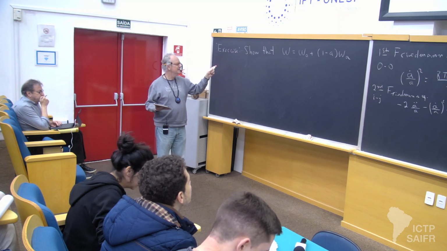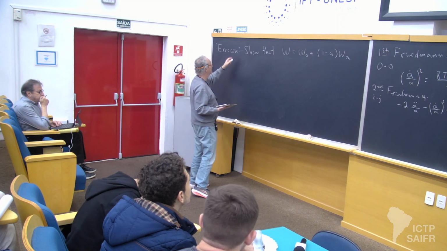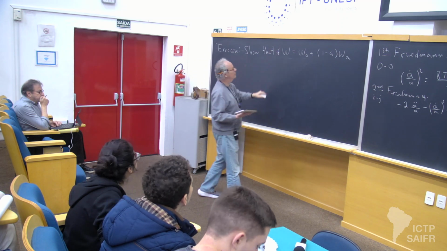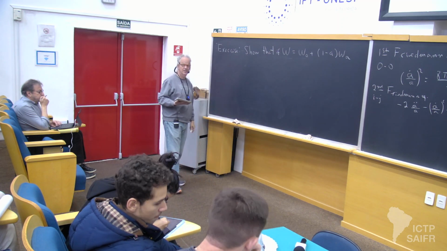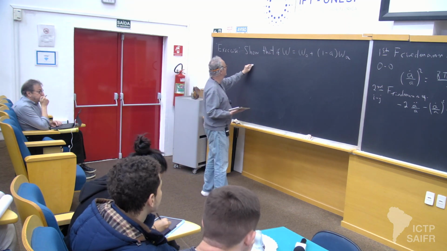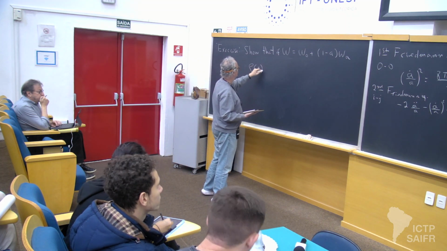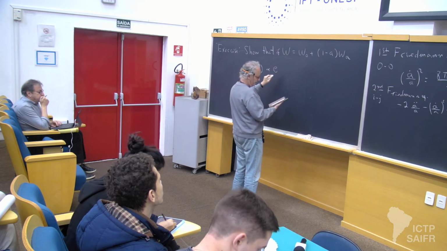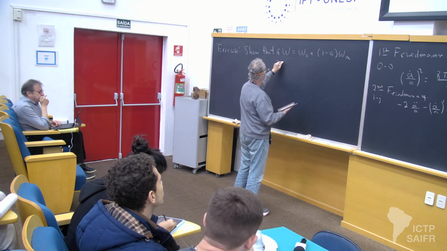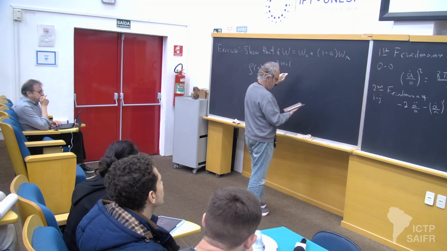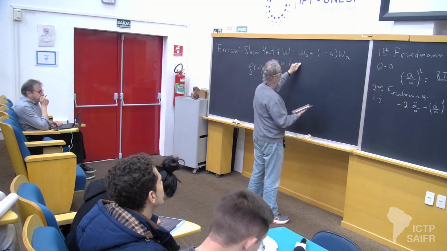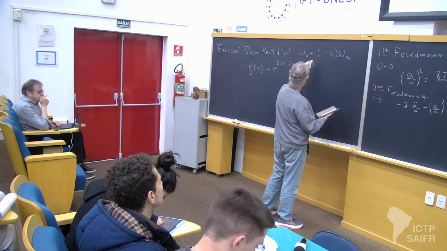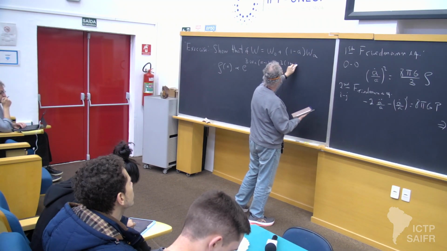Okay? Then the exercise is to show that if the equation of state behaves like so, the energy density is proportional to exponential of 3 WA, A minus 1, A to the minus 3, 1 plus W0 plus WA.